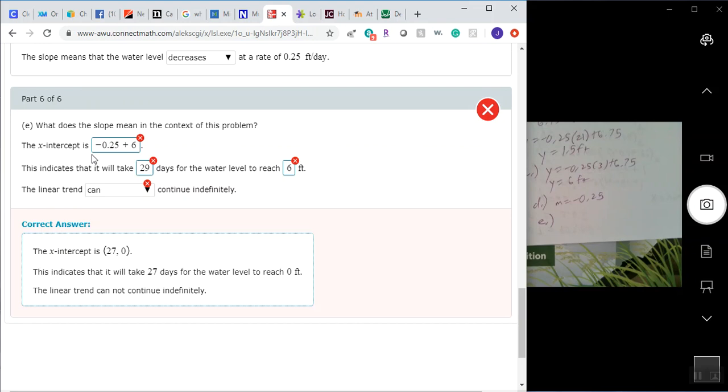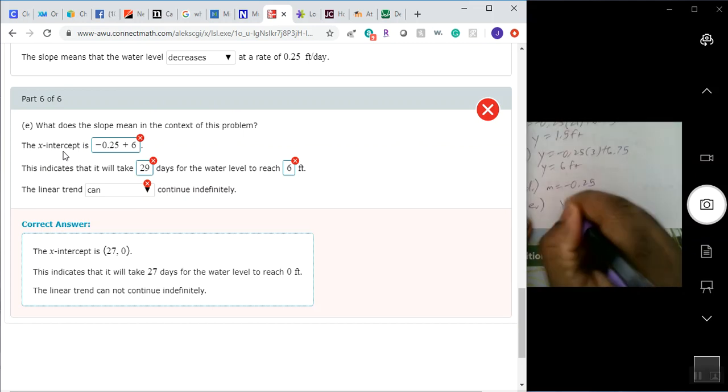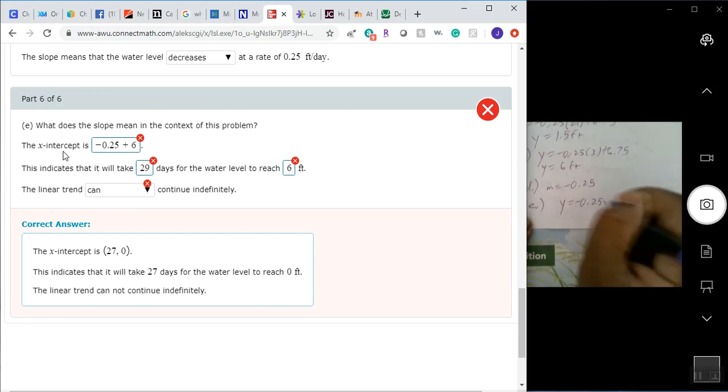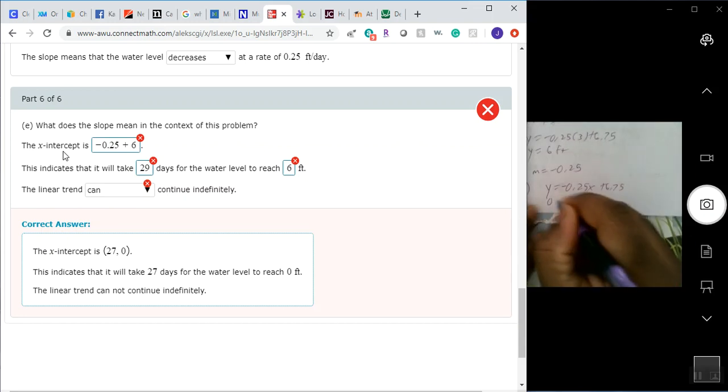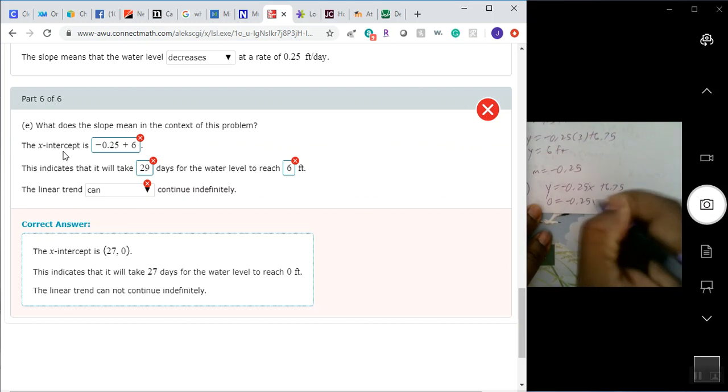I believe this problem is very awkwardly worded, because it says slope, but it asks you about the x-intercept. So let's solve for the x-intercept. The x-intercept is when y is equal to 0. So we will put in 0 for y, and then we would solve for x.